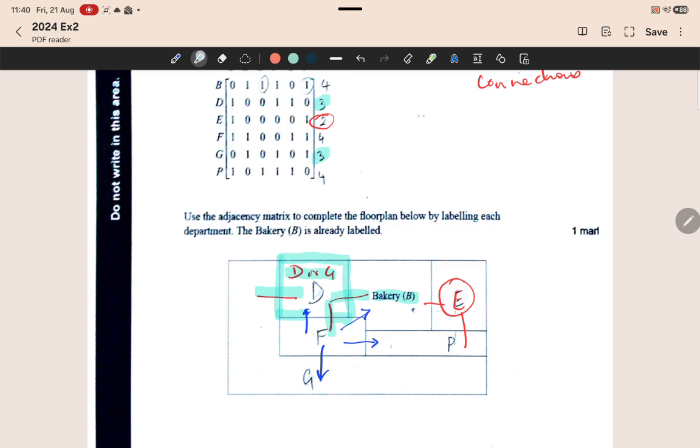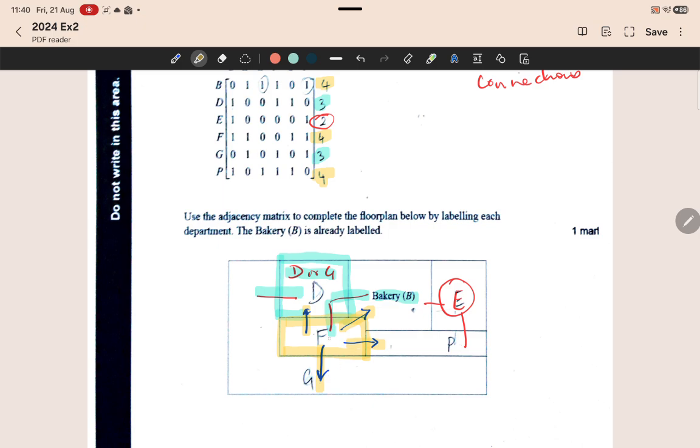And then I looked at this location, and I found that it had 4 edges coming off it. Now, when I looked at the adjacency matrix, I saw B and F and P had 4 edges coming off it.